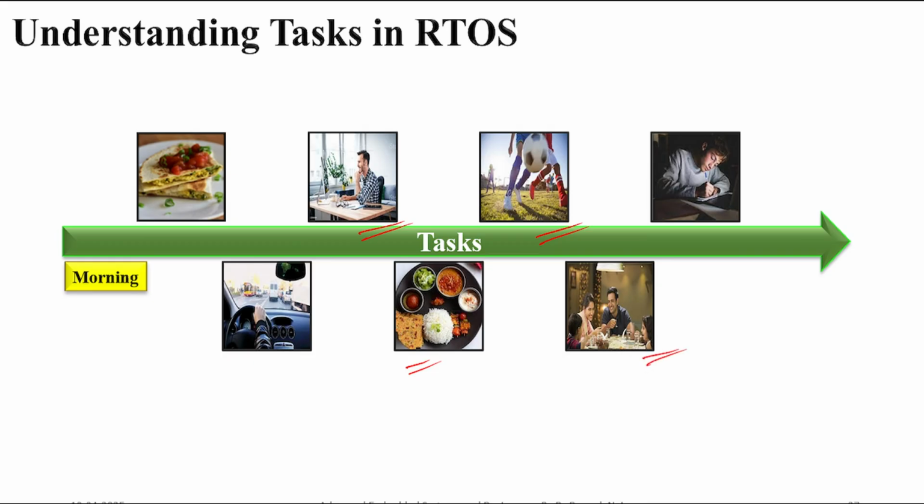Then in the evening we sit together with the family, have dinner, and at night we take some time out to study something further. In general, this is the normal day to day life of a person.